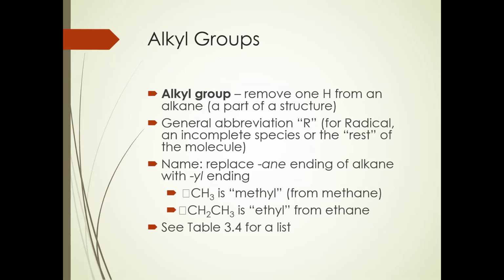Name: you replace the ane ending of the alkane with a yl ending. For example, CH3 is methyl from methane, and C2H5 is ethyl from ethane. You can see this in table 3.4.